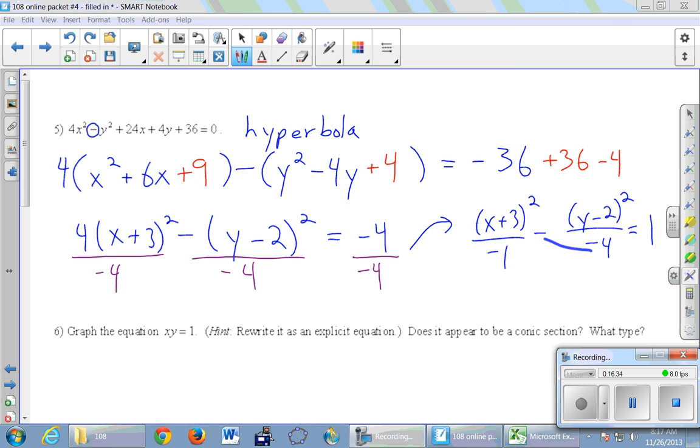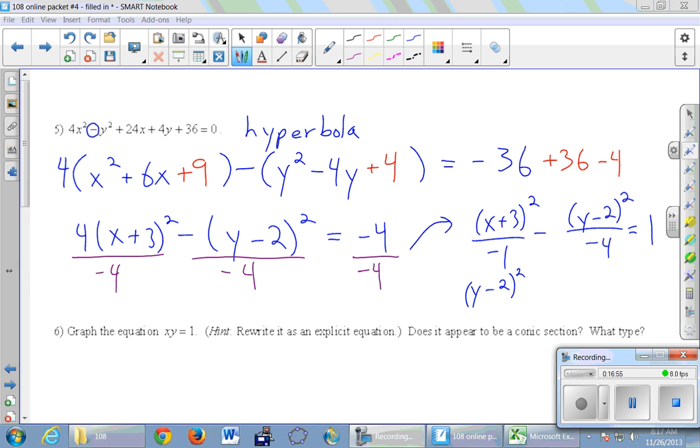These negatives are going to cancel, and this negative we're going to put up in the front here. We got to decide, is this a left-right hyperbola or up-down? My initial reaction was that it was going to be left-right because the x squared is the positive one. But when we actually went through the calculation, if we rewrite this, we'll see that the x squared is actually negative.